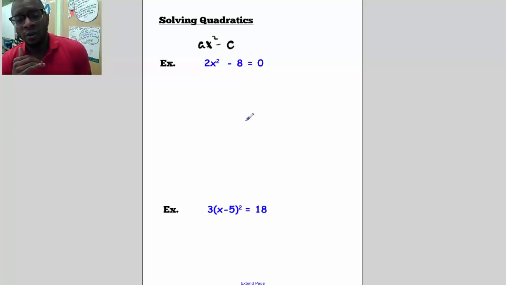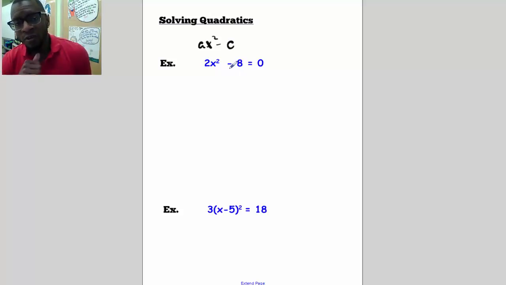Now, what we're going to do is solve this exactly like we would solve a linear equation. We want to isolate the variable x by having the variable on one side and a constant on the other. In order to do that, remember, we're going to use all of our opposite operations.